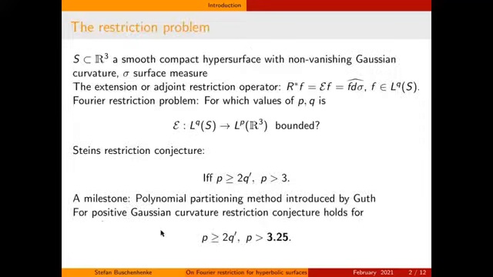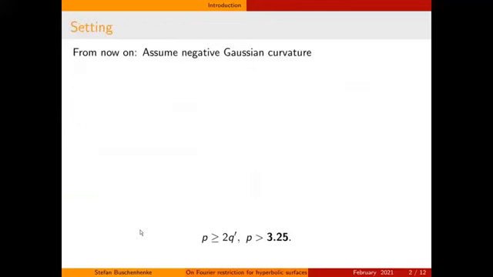So this was for the case of positive Gaussian curvature, for instance the sphere or the paraboloid. Now we want to focus on the case of negative Gaussian curvature. Surprisingly, despite a lot of progress in the case of positive Gaussian curvature, for the case of negative Gaussian curvature, apart from the surface z equals x times y, not much was known.